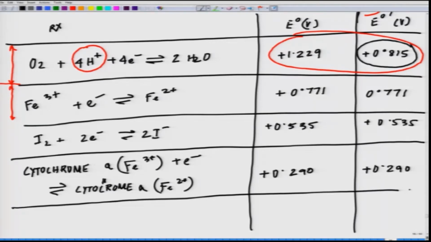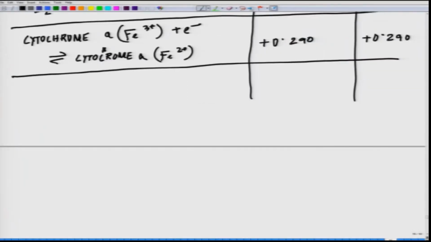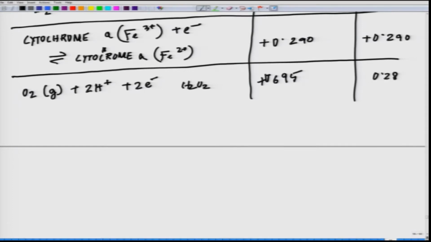Okay. So, now I will move on to another example, which is a very tricky one, which is oxygen gas plus 2 protons plus 2 electrons, making it H2O2, and in that situation your E0 value is plus 0.695, whereas if you measure it with E0 prime, the value will be 0.281.